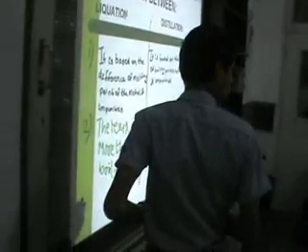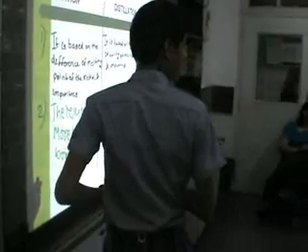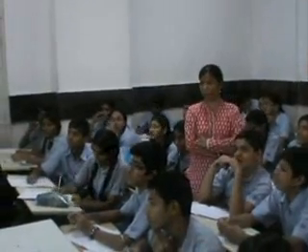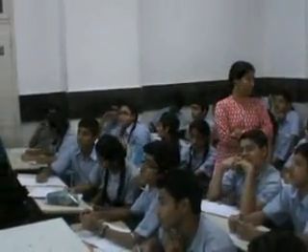Krishan, both the points are the same, isn't it? What we have written: it is based on the difference of the melting point of metal and impurities. It is based on the difference of the boiling point of the metal and impurities. Melting point and boiling point, okay. Fine. Good.